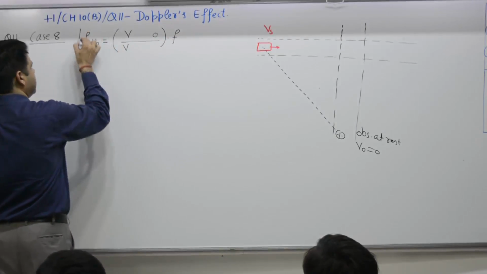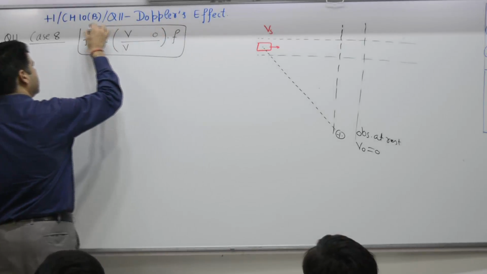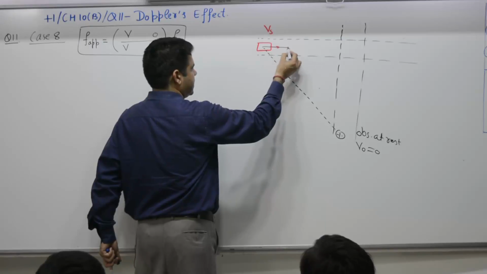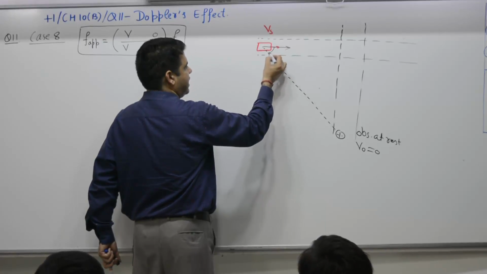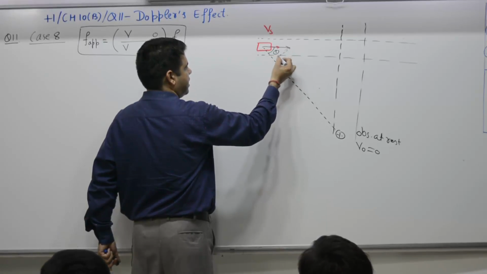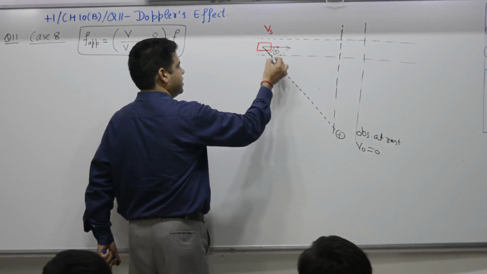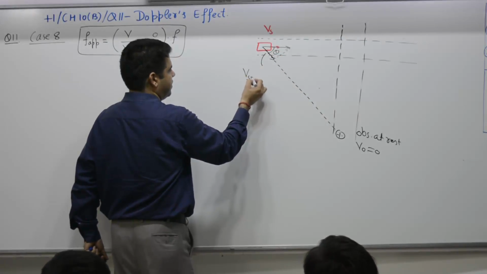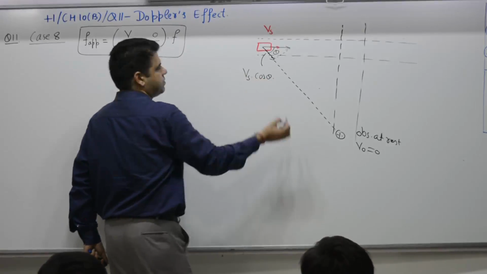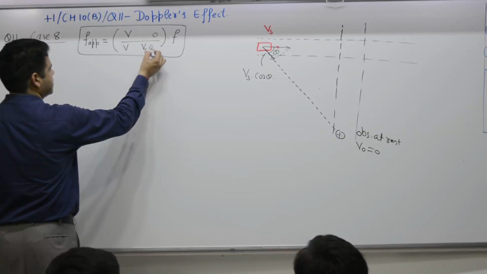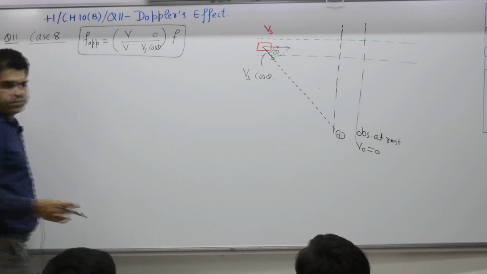In the denominator, say this velocity is Vs. This angle, let it be theta. Then the component of velocity along this line is Vs cos theta. So that is why this value comes out to be Vs cos theta.